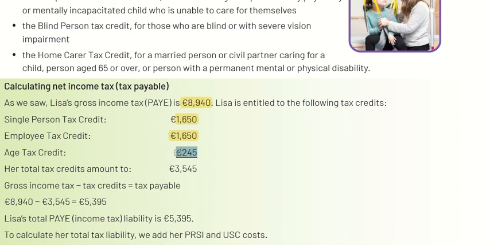Because of her age, because she's older, she's going to get also €245. So her total credits for the year are 3,545. She should have paid 8,940, but she gets a reduction, so that's her tax credit, leaving 5,395. Now for the year, that's her amount to pay. And obviously, if she gets paid monthly, that would be divided by 12, weekly divided by 52.